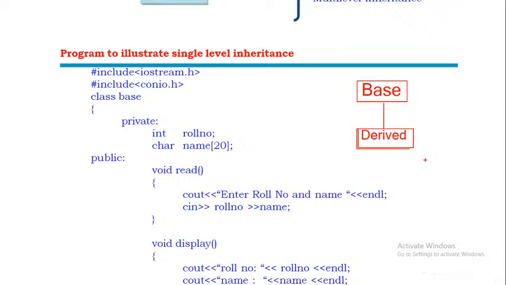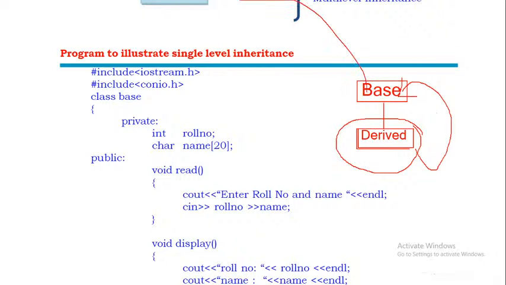This derived class is derived from the single base class, so such inheritance is called single level inheritance.